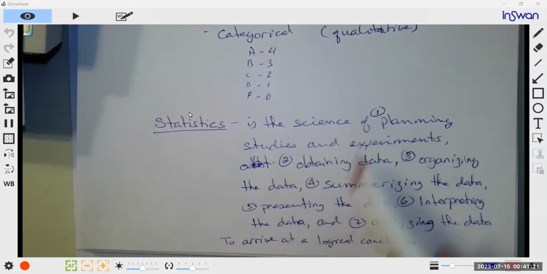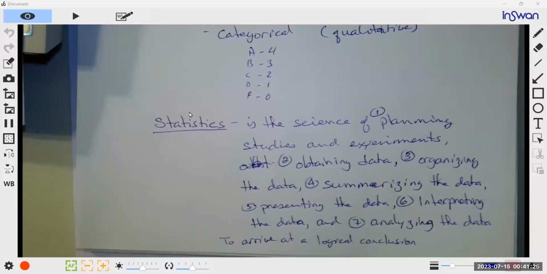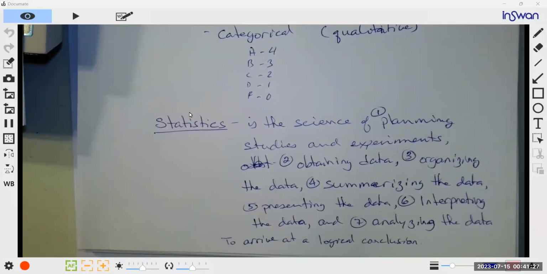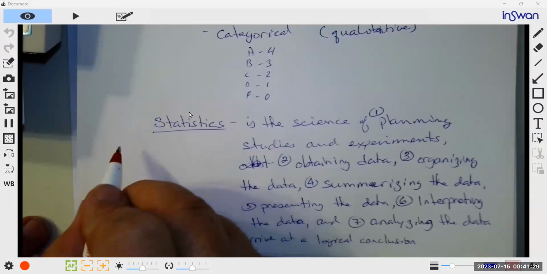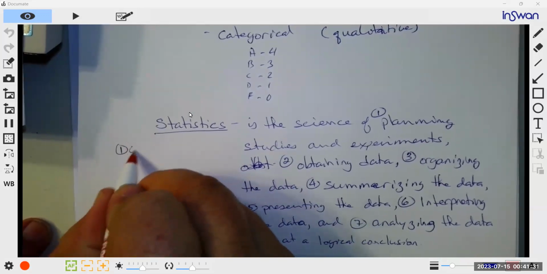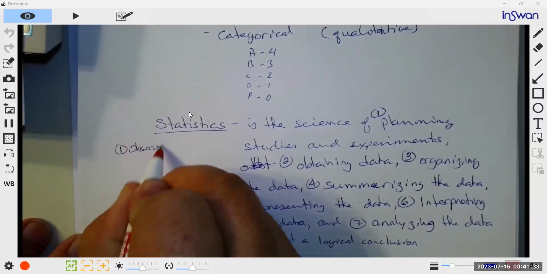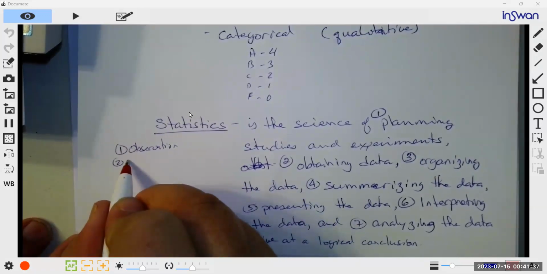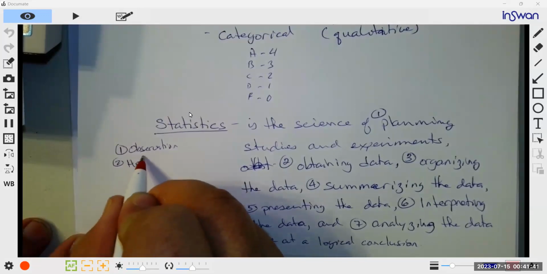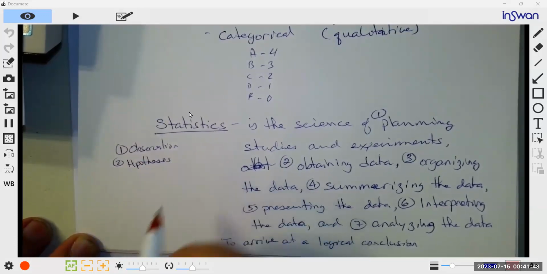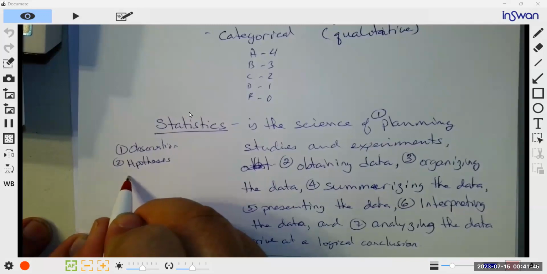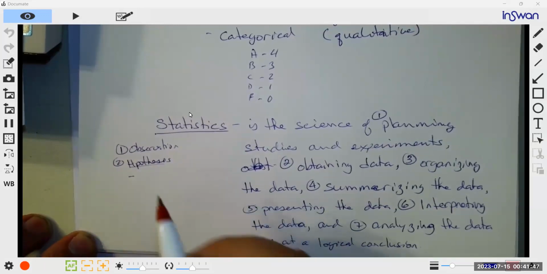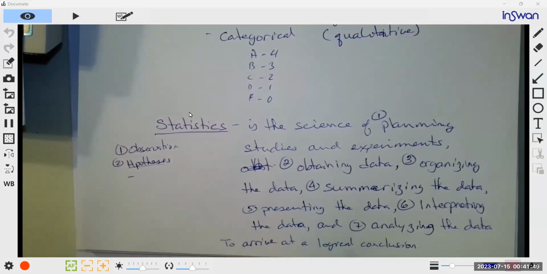So what I'm describing here is a study of some sort, a research experiment. You always start off with an observation, but you have to notice something's wrong. Then you have a hypothesis, which is a logical guess.